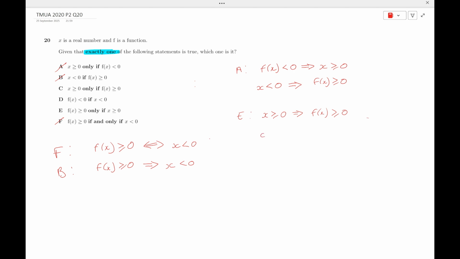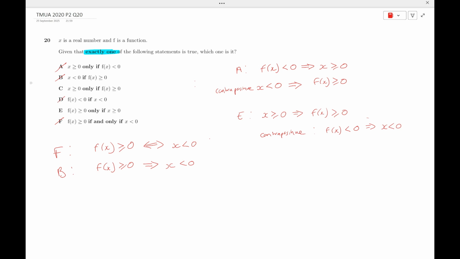So the contrapositive of E is that if f of x is less than 0, that can only have happened if x is less than 0, because we know it's an "only if". And the contrapositive is always true, and the contrapositive here is the same as D.